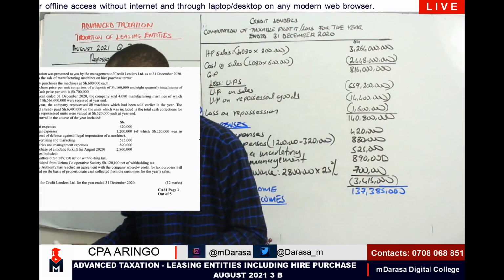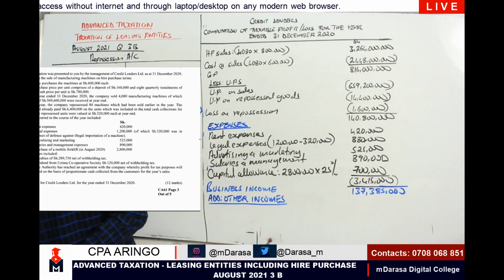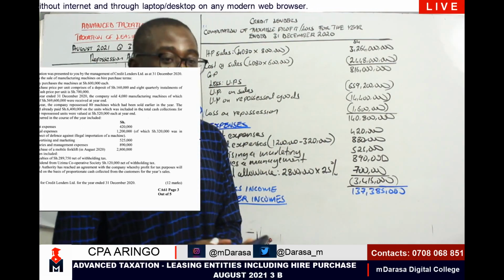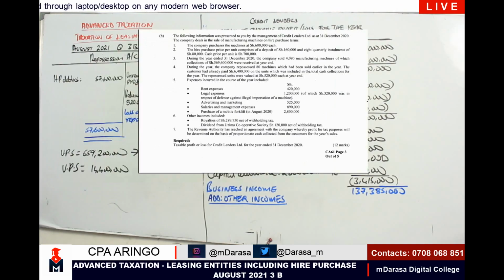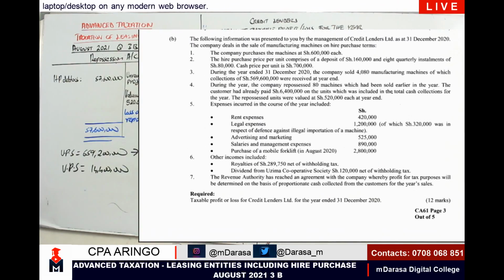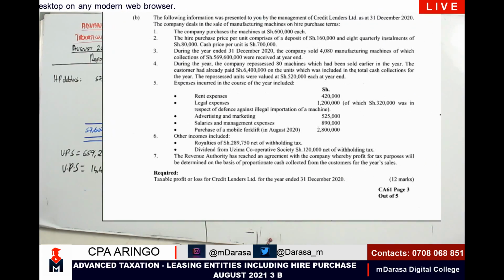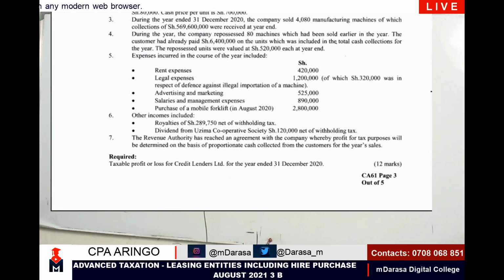Look at this note, note 6. What are we told in note 6? Royalties of 289,750, net of withholding tax, and dividends from Uzima Cooperative Society 120, net of withholding tax. That is note number 6. It will give us our other incomes.